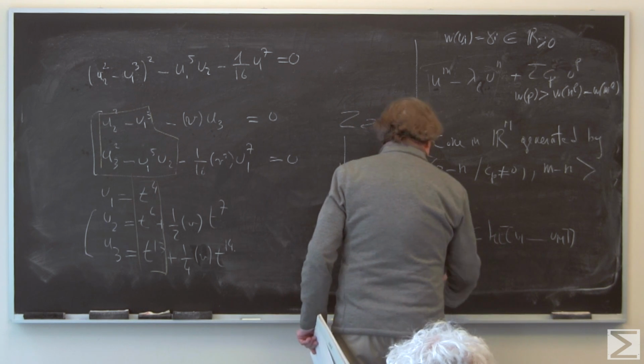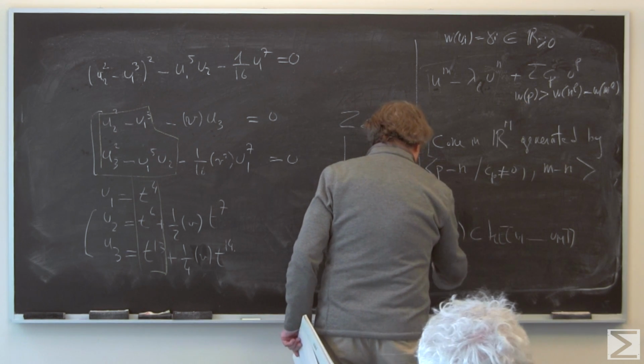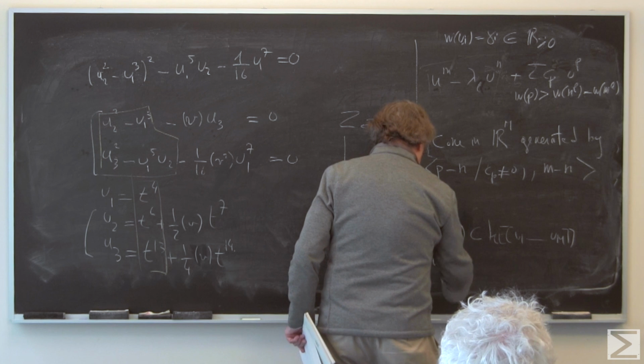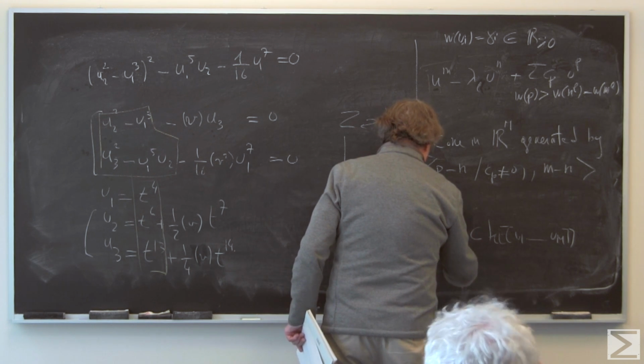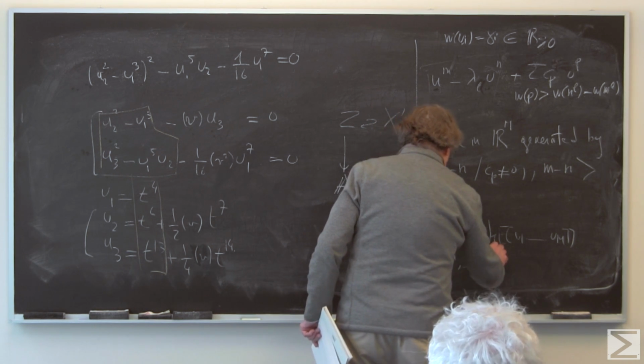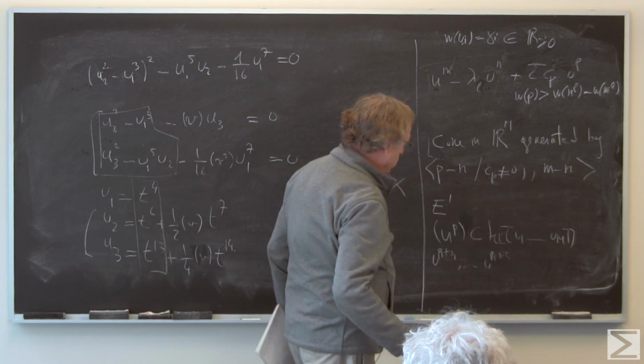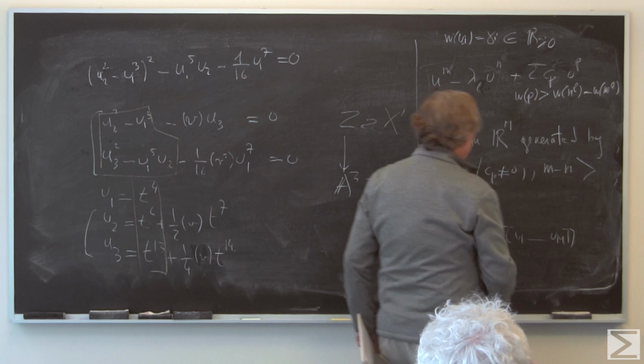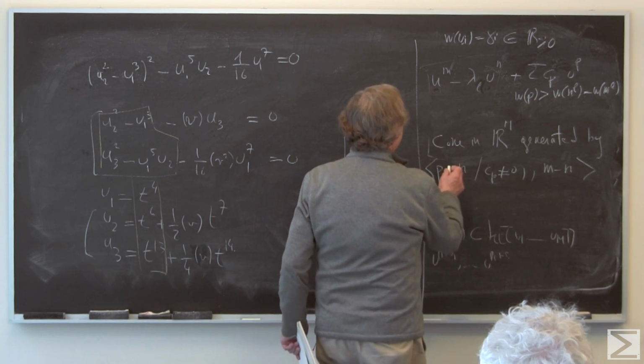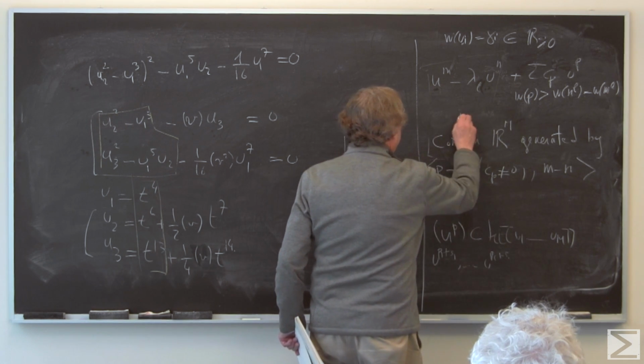So all the exponents that appear here are of the form UP1 plus something, UPS plus something. There's a finite number of generators. So I enlarge my cone.